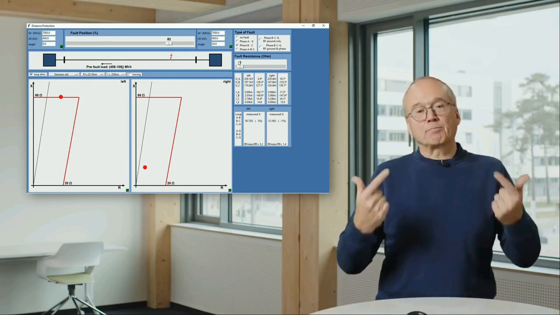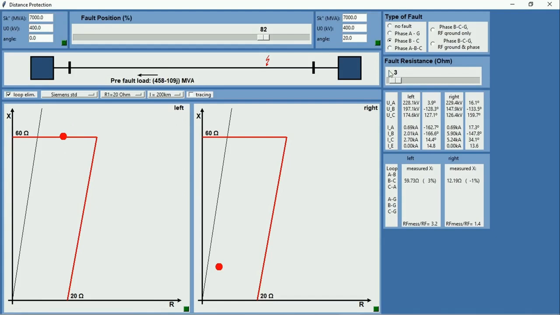And if we have pre-fault load flow, we get this effect that the movement is no longer horizontal, but we move with a certain slope. Depending on the load flow direction, it goes either up or down. So you can see the left side moves up and the right side moves down a little bit.